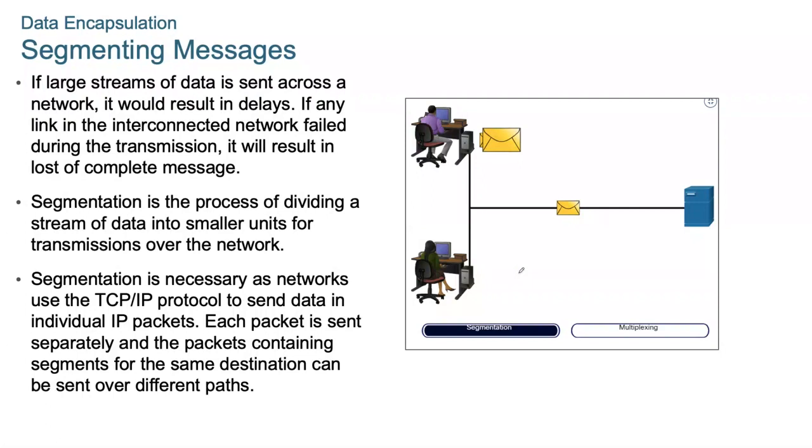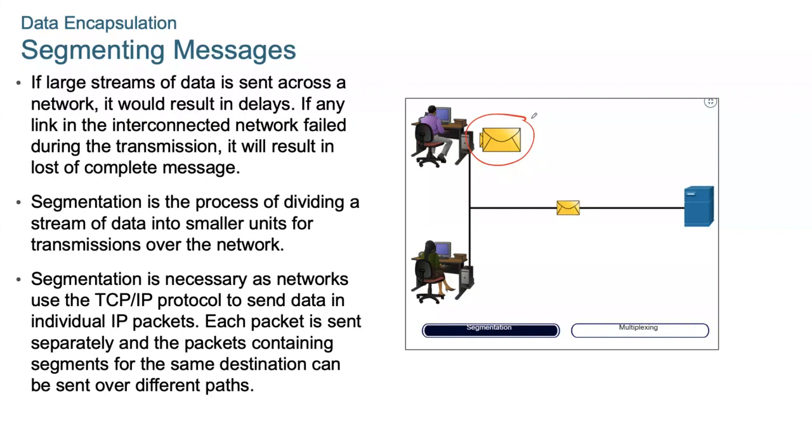This large stream of data would result in significant delays through the network. Further, if any link in the interconnected network infrastructure fails during the transmission, then the complete message would be lost and would have to be retransmitted again. So the better approach is to divide the entire message into smaller, more manageable pieces to send over the network.